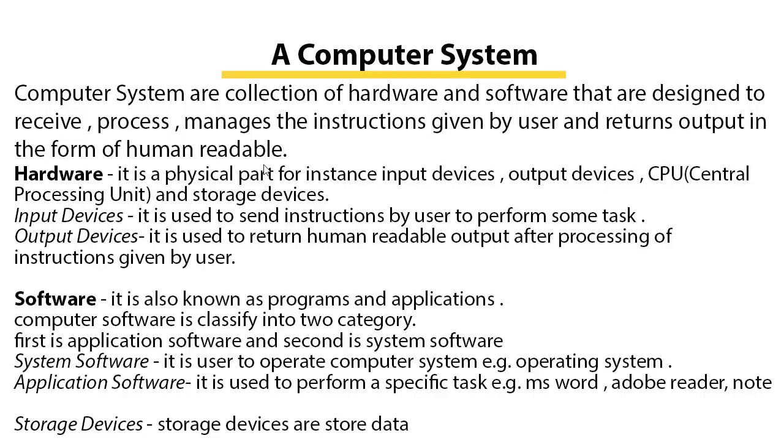So what does that mean? That a computer system is basically the collection of your hardware and software which are designed to receive the information that you are giving to the computer, to process that information, and then to manage the instruction given by the user and return output.